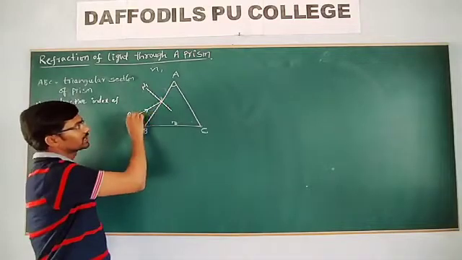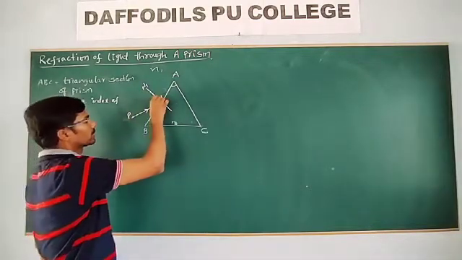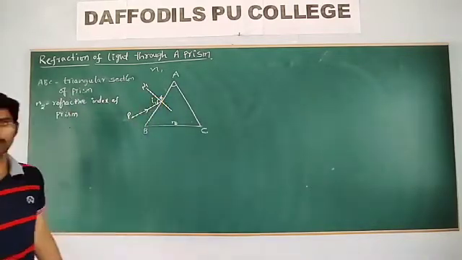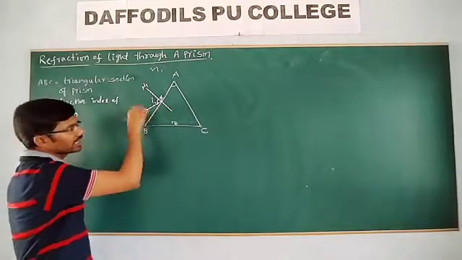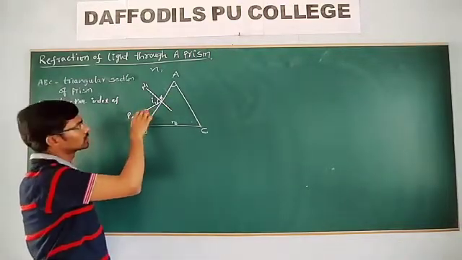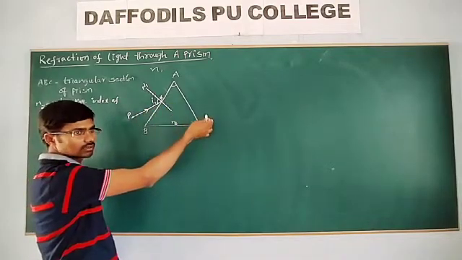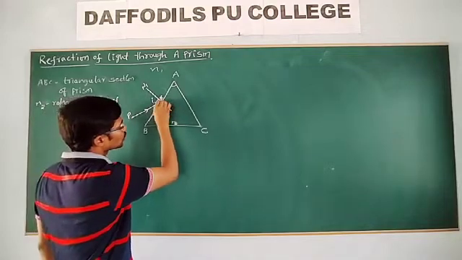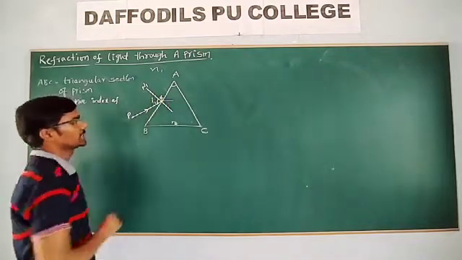The angle between the incident ray PQ and the normal is called the angle of incidence, I1. When it enters the glass prism, it will be refracted towards the normal of AB.